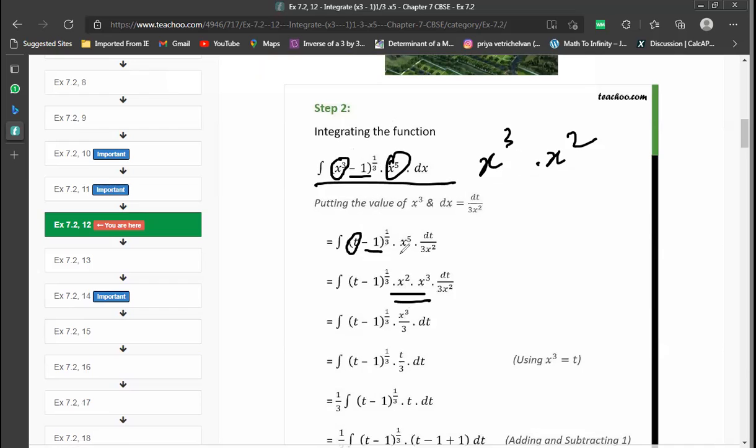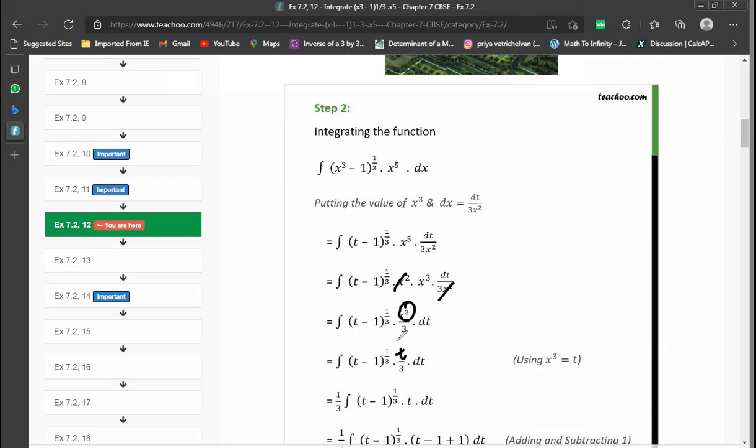So now you can cancel out the x square in the numerator and x square in the denominator. I mean, this x square and this x square can be cancelled out. So it's t minus 1 the whole power 1 by 3 into x cube upon 3 into dt. Because x cube can be replaced as t.